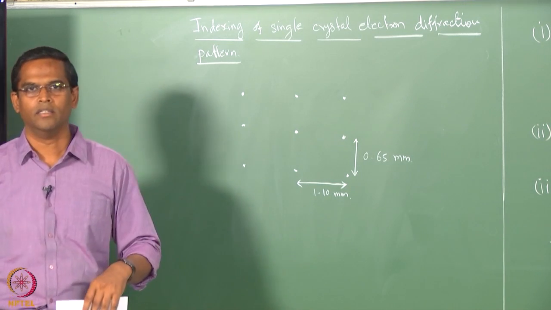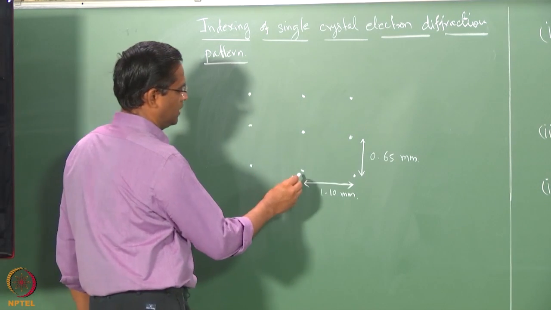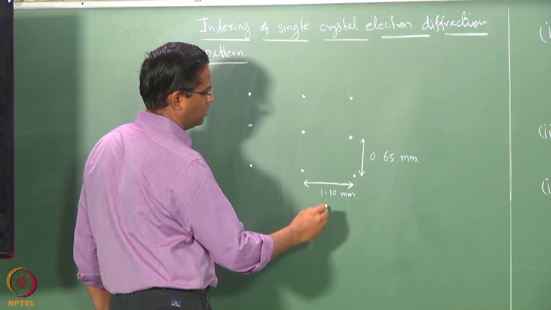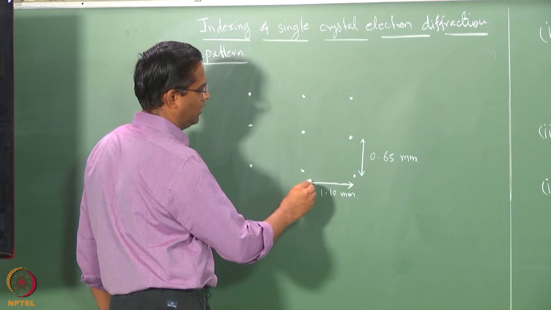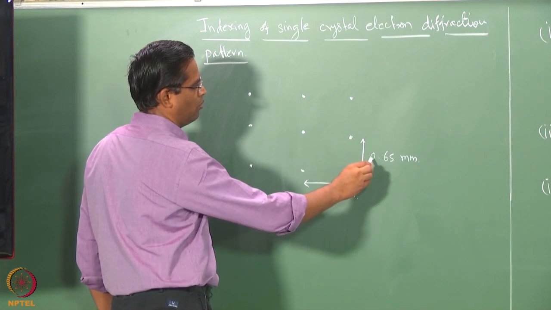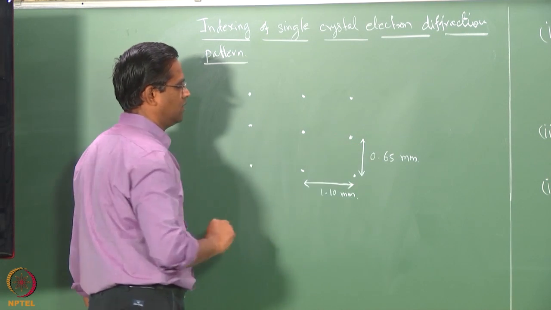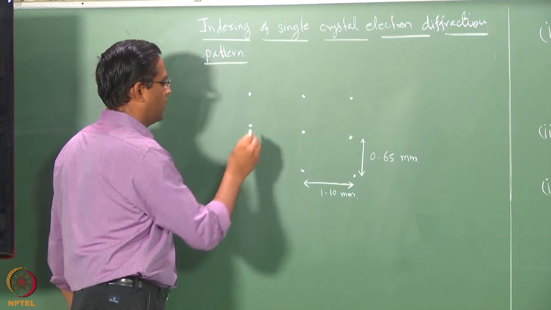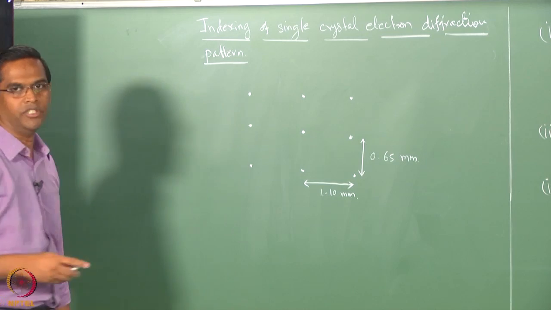Suppose if we take a pattern like this, which has got the distance 1.10 millimeter in this direction and 0.65 mm in this direction. Suppose if you have this kind of a pattern, how to proceed further?